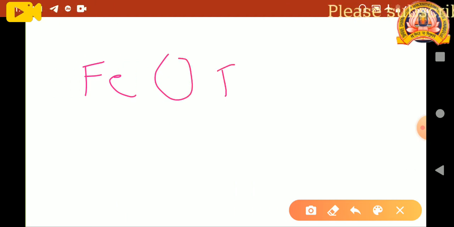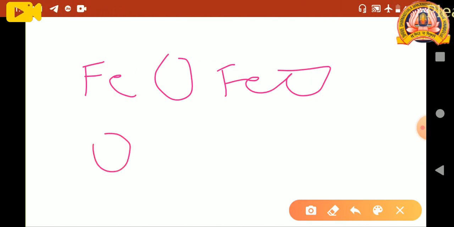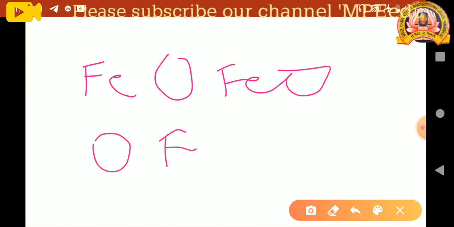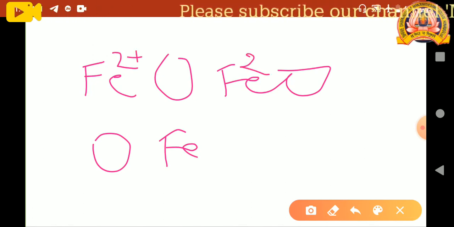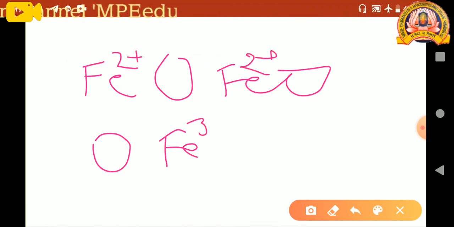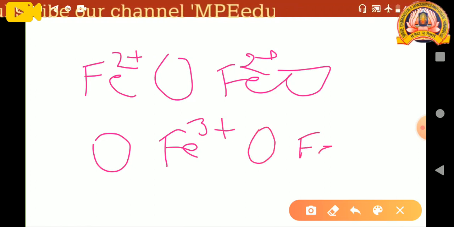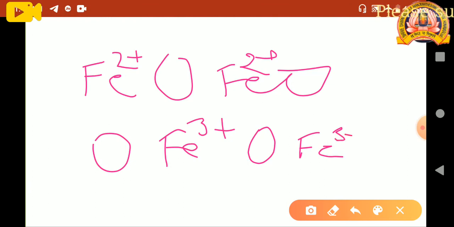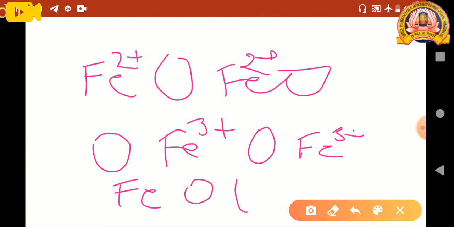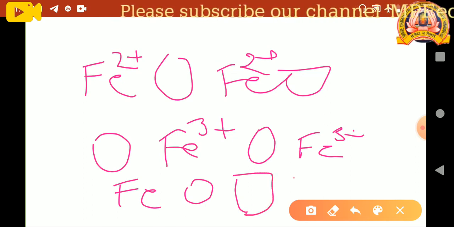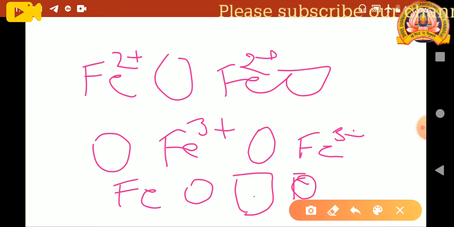electrical neutrality, 3 Fe2+ evaporated means plus 6 charge is evaporated. To maintain plus 6 charge, how many Fe3+ are required? Each contains plus 3 charge. Therefore, 2 are enough to maintain electrical neutrality.